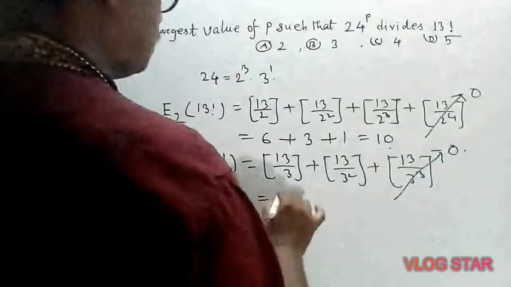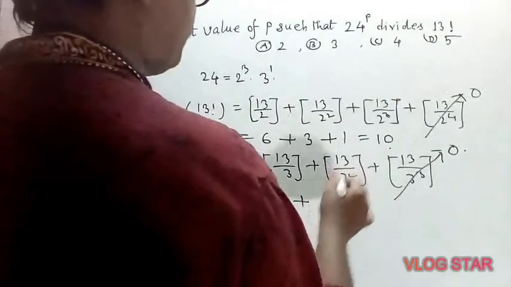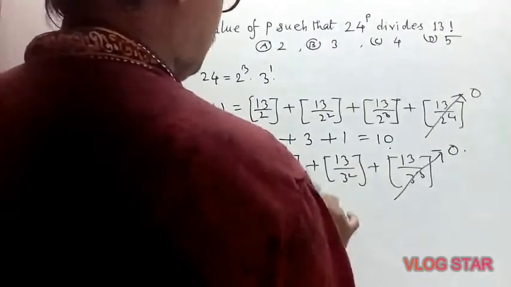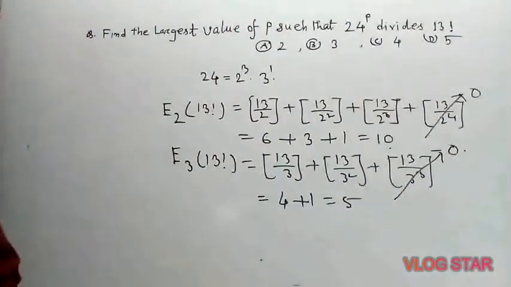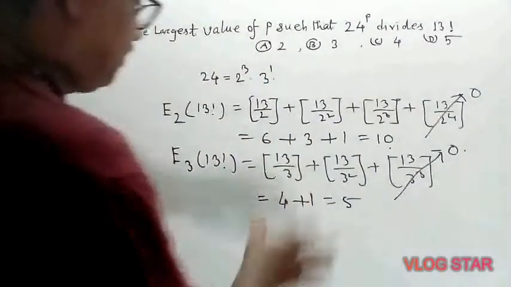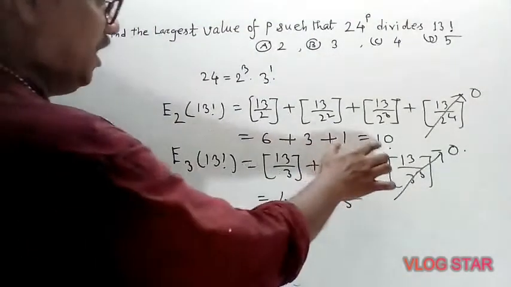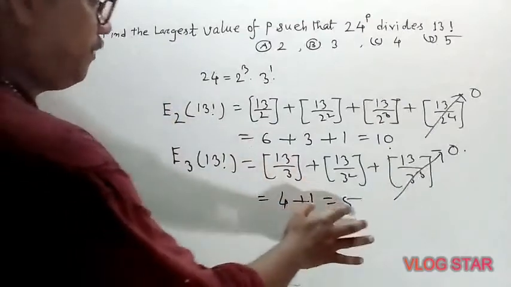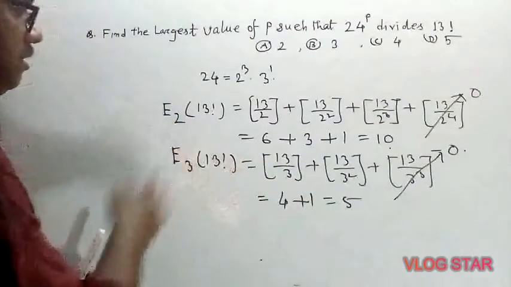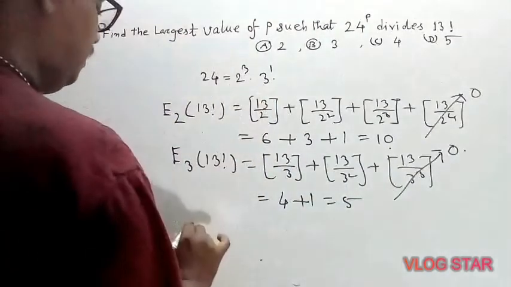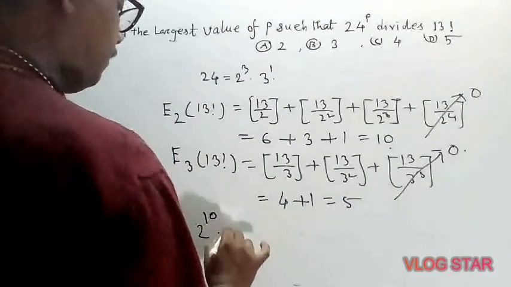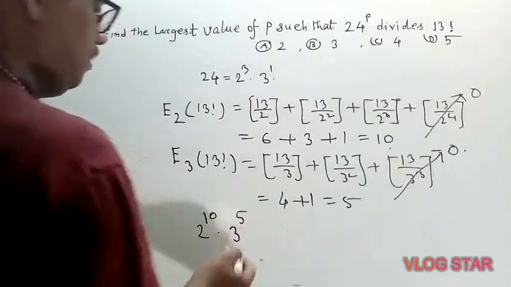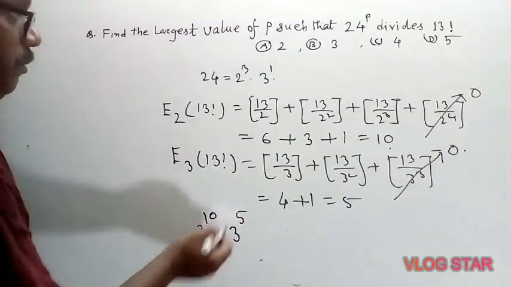Therefore this equals 4 plus 1, that is 5. So in 13 factorial there are ten 2s and five 3s.